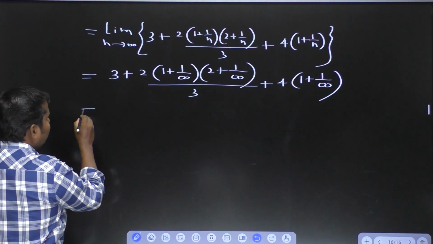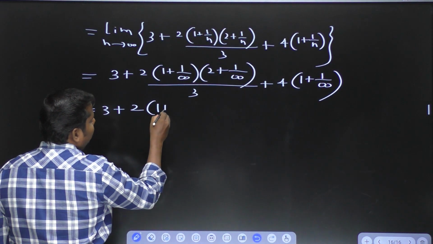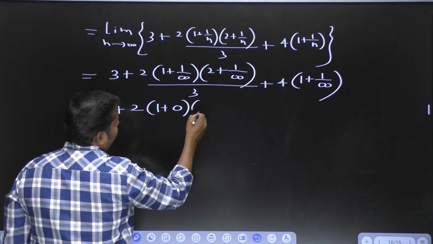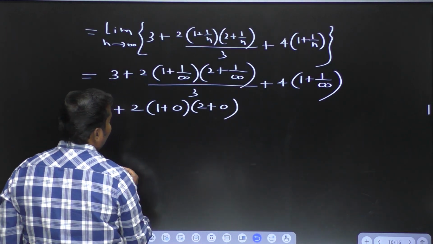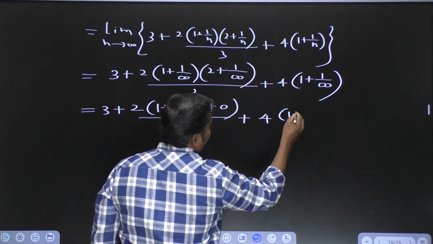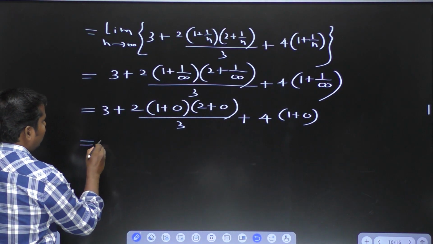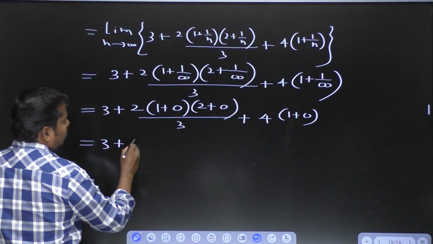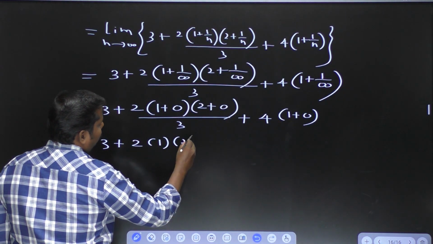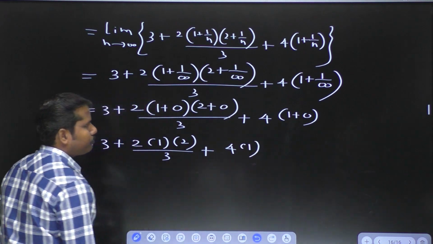And this is nothing but 3 plus 2 into, 1 by infinity is what? 0. 2 plus 1 by infinity is 2, divided by 3 plus 4 into 1 plus 1 by infinity is what? 0. So which is nothing but 3 plus 2 into 1 into 2 by 3 plus 4 into 1.